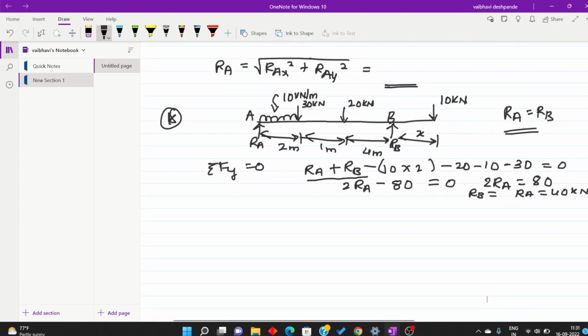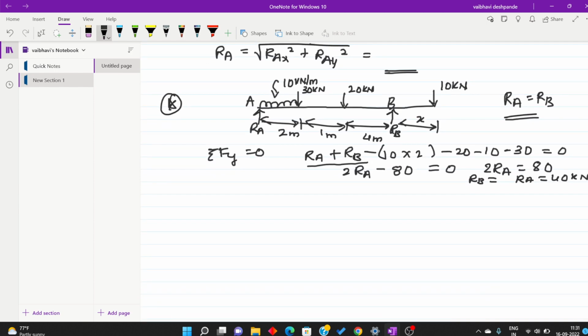Next what we have to find is the X value. So let us take moment about point A. First, the moment due to UDL is 10 into 2, and it acts at its center, so into 1. It is acting at the center and it causes a clockwise moment, so positive.